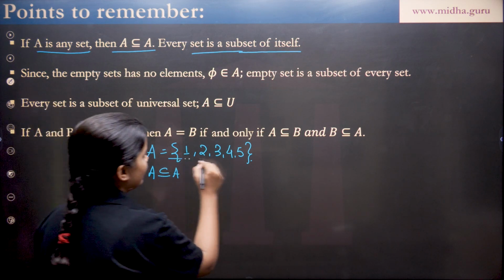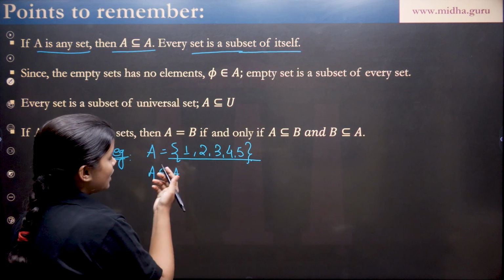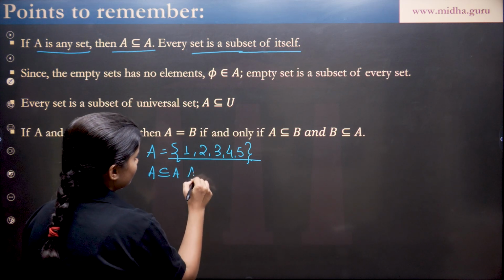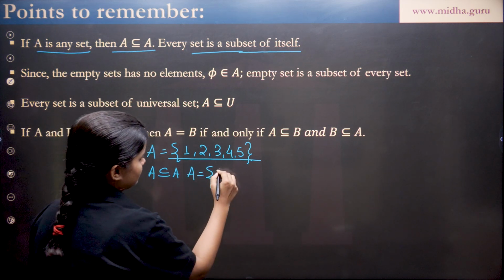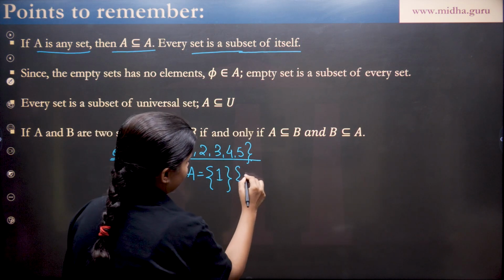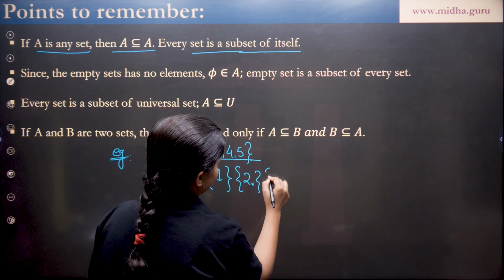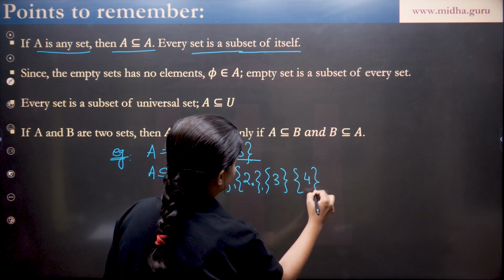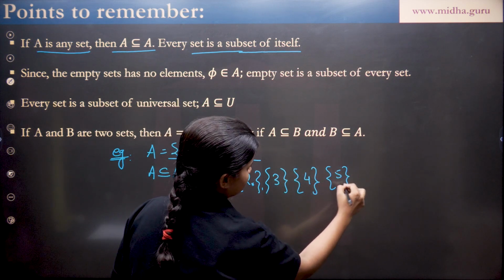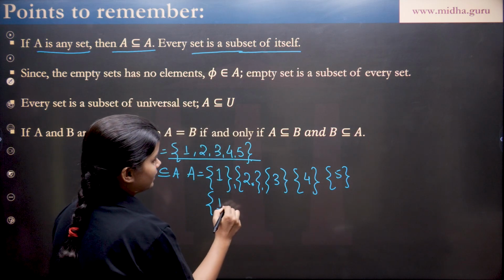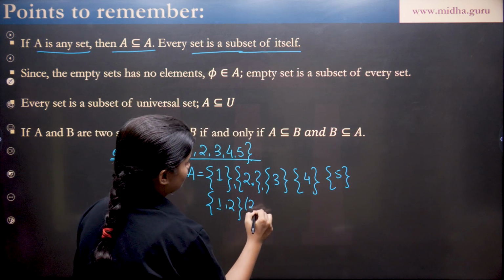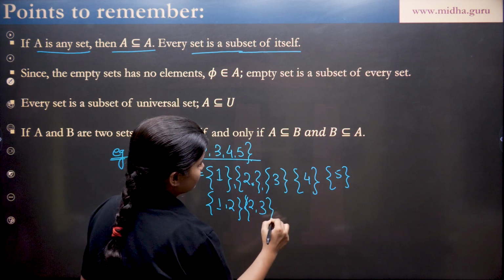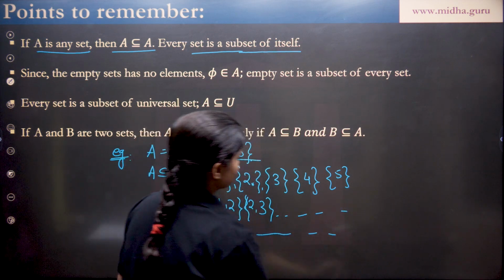Or if we try to find its subsets, how do we write a subset? For example, this A has 1, 2, 3, 4 and 5. Then pairing 1 and 2, then 2 and 3. So like this we can pair so many numbers.